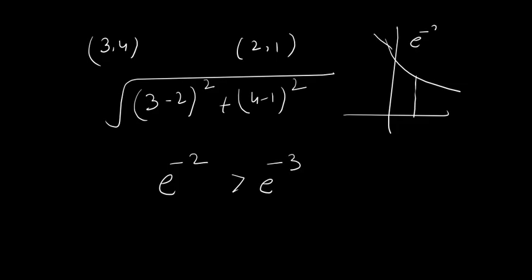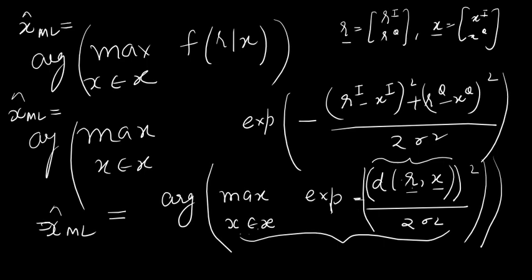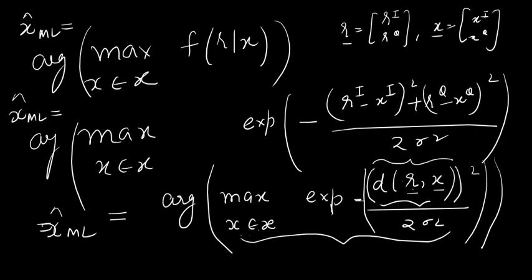This is the e to the power minus x curve: at x equal to 0, 1, 2, e to the power minus 1, e to the power minus 2.